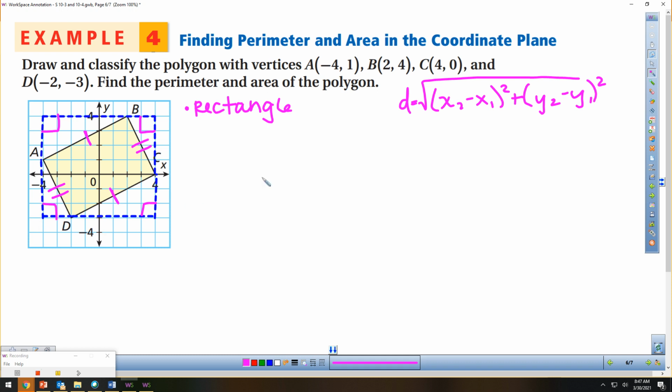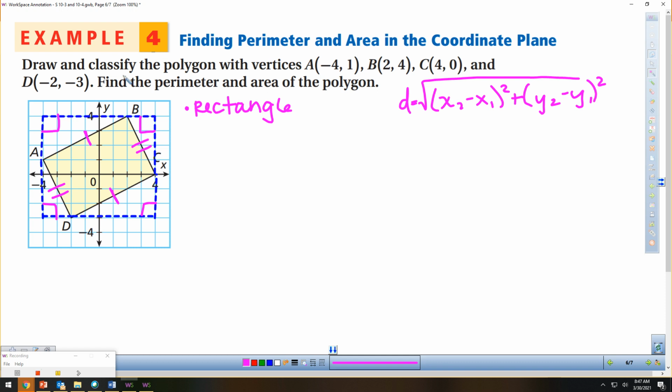And then what we're going to do is notice that the sides of your rectangle lie on the hypotenuse. Okay? So, I can easily find what the length of the two legs are by just counting.